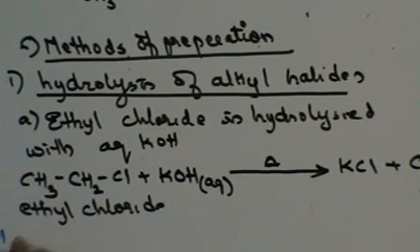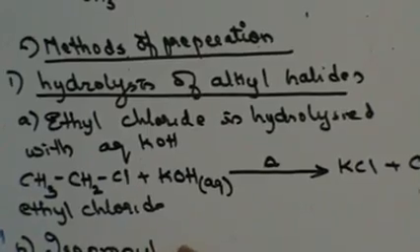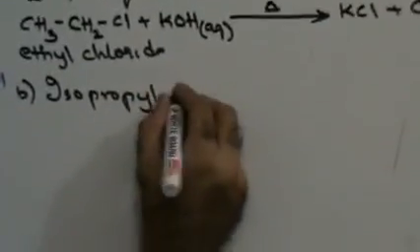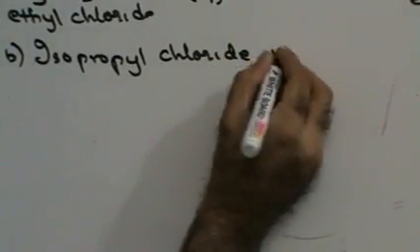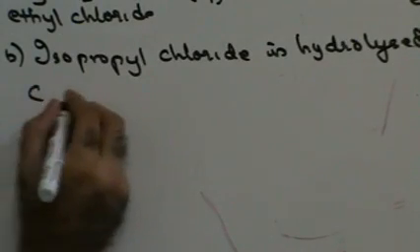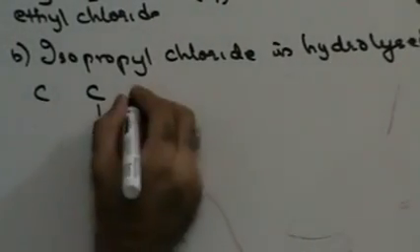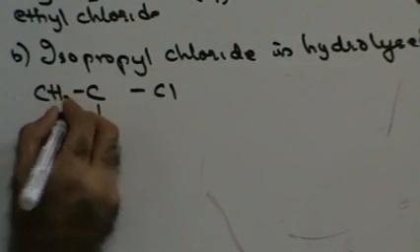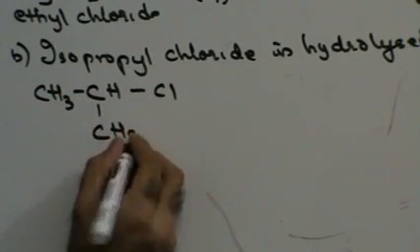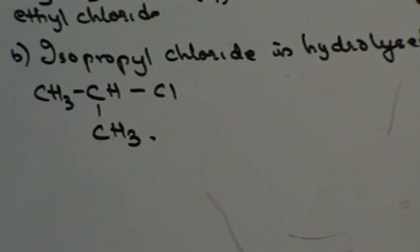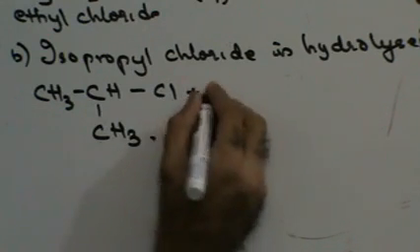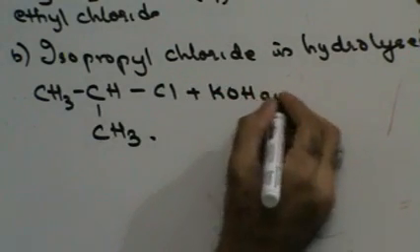Let's see another reaction of this kind. What happens when isopropyl chloride is hydrolyzed? Propyl, 3 carbon atoms. Iso, that means one of the carbons has to be in the branch. Chloride, that means Cl. So this is going to be CH3, CH, CH3, Cl. Isopropyl chloride is hydrolyzed with aqueous KOH.